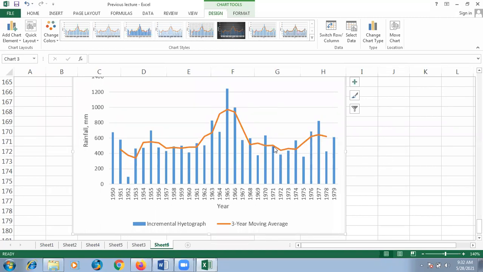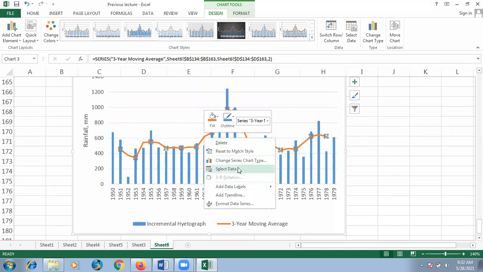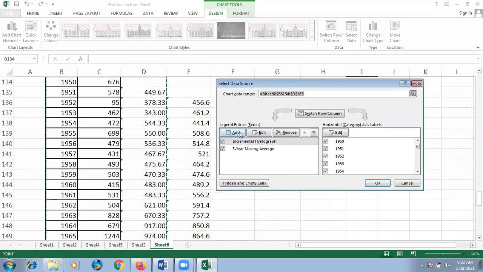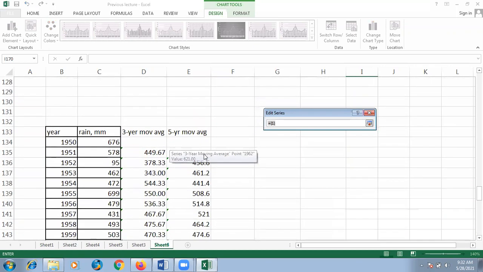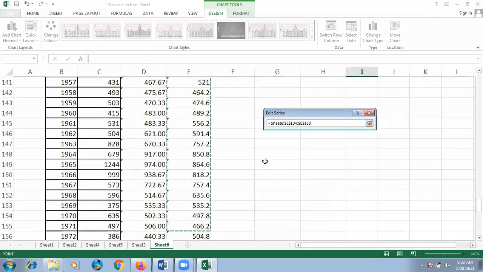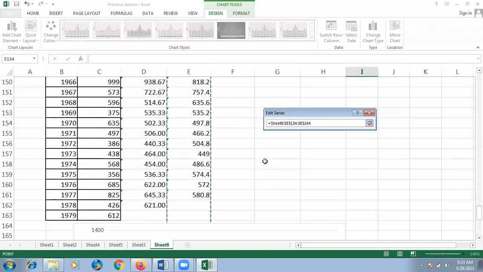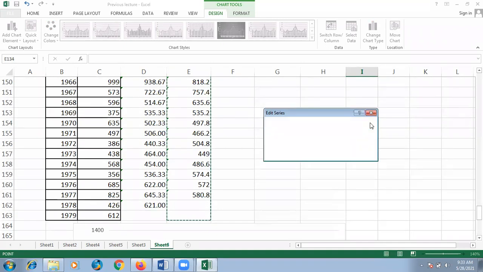Similarly, I would superimpose the 5-year moving average curve also. So what I would do is, again, let me select data, add another one, 5-year moving average. Then the values I have to take, values I am taking here. Values are taken.